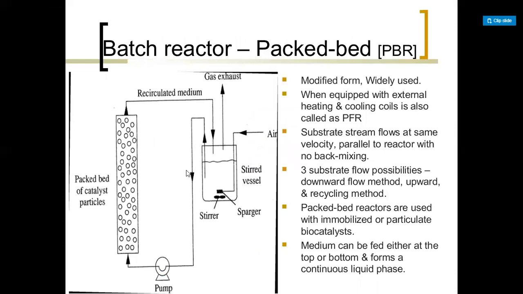The substrate stream flows at the same velocity parallel to the reactor with no back mixing. Three substrate flow possibilities are there: downward flow method, upward flow method, and recycling method. Packed bed reactors are used with immobilized or particulate biocatalyst.